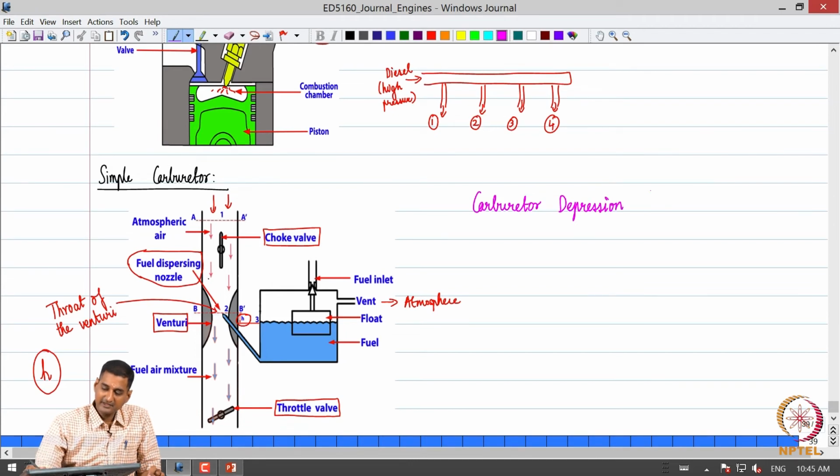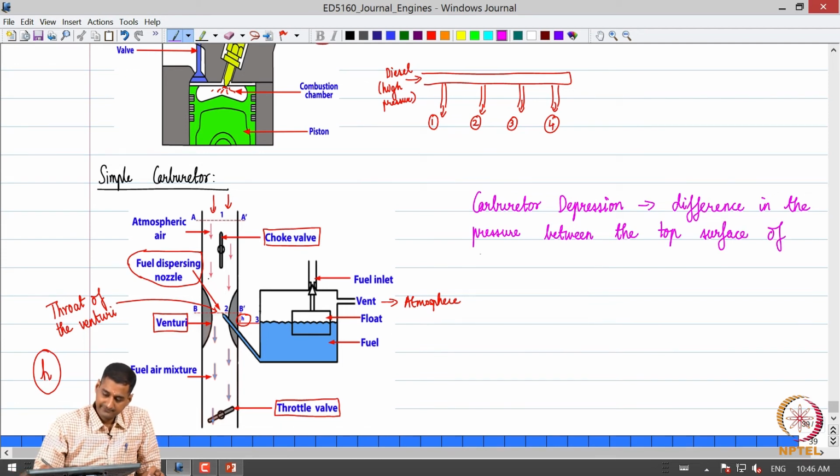So, what is carburetor depression? It is the difference in the pressure between the top surface of the float chamber and the venturi throat.